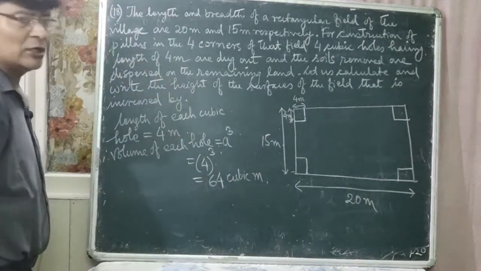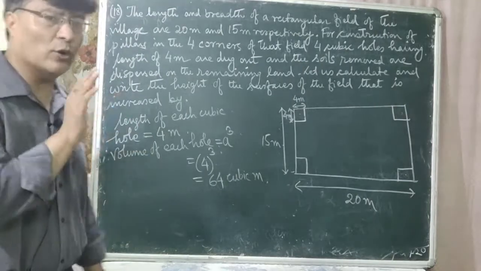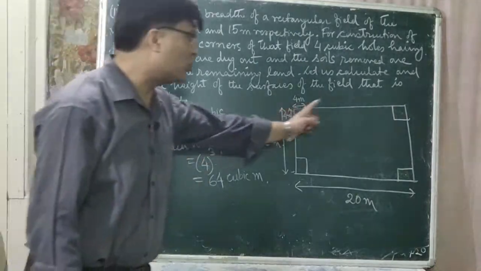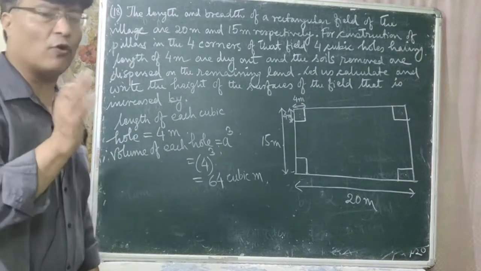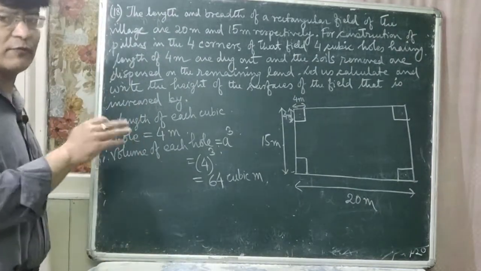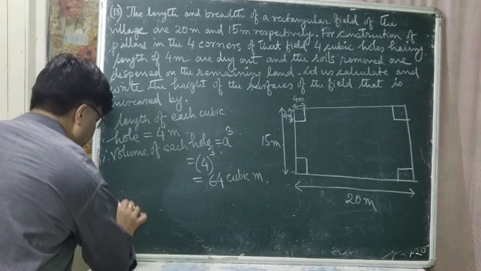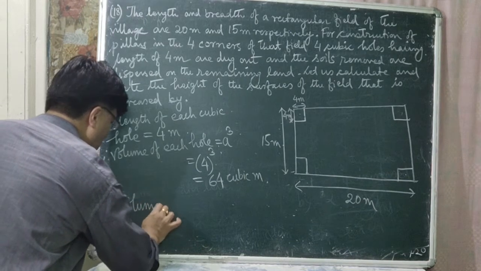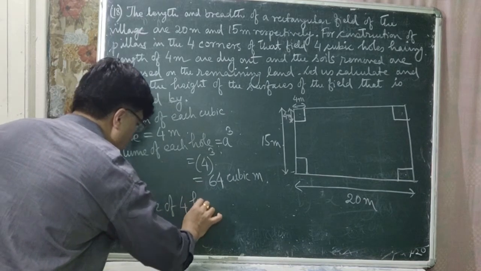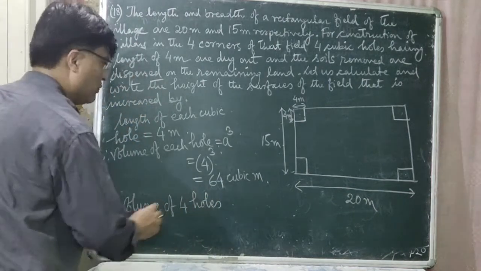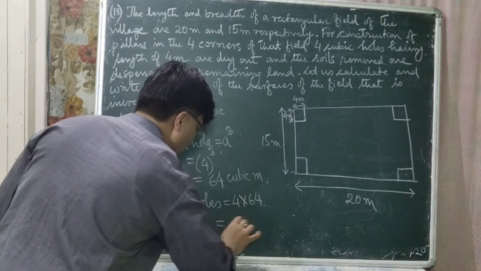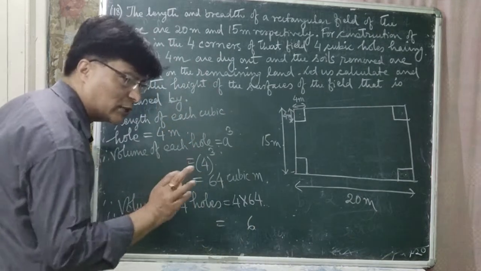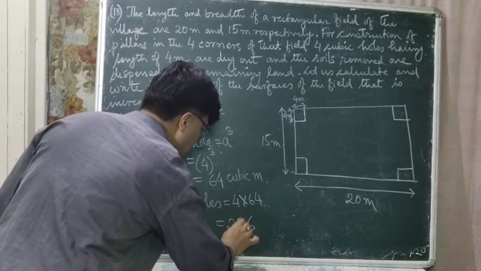Is that clear? So how many such cubic holes are there? There are 4 cubic holes. But you see, what is the total volume of the 4 holes? Therefore, volume of 4 cubic holes is equal to 4 into 64, which is equal to 4 4s are 16, 6, 1, 6 4s are 24, plus 1 is 25.